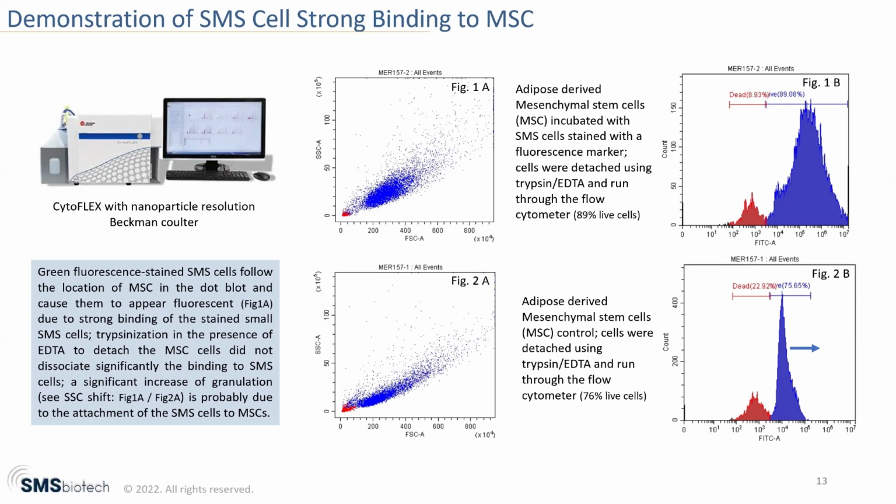The strong binding with SMS cells indicates that the binding between the two cells remains there for quite a bit of time, and it represents a likely important biologic aspect of these cells.